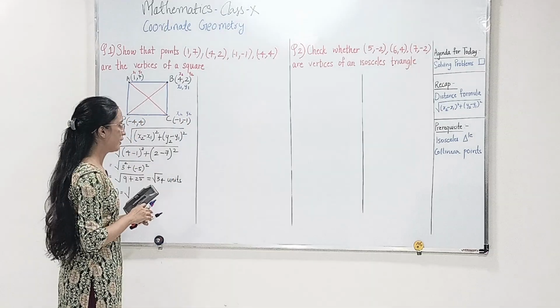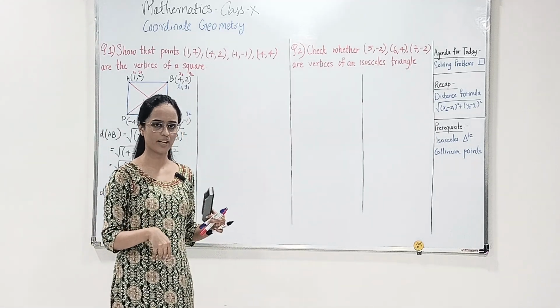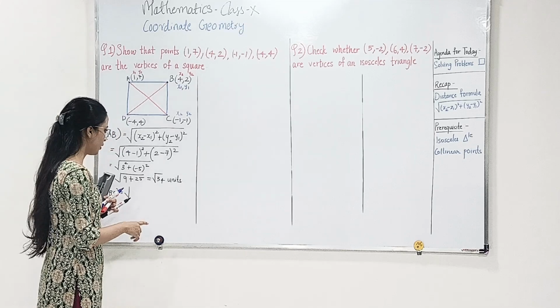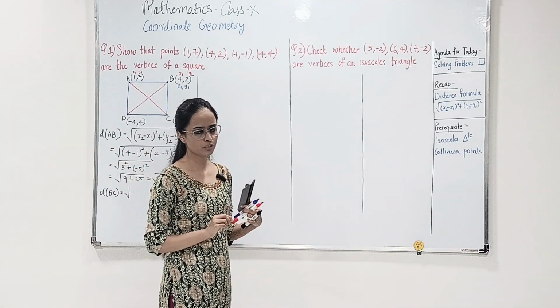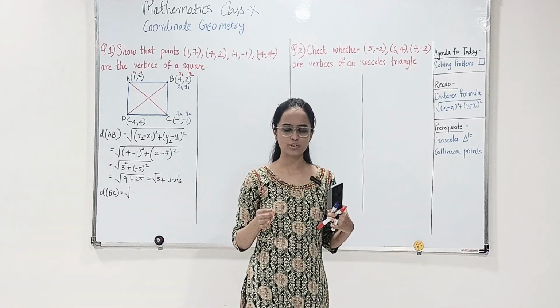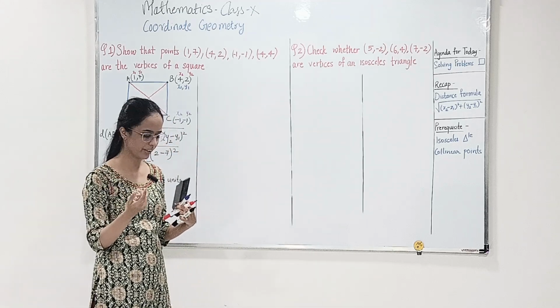Right? So at a time when you consider 2 points, one has to be x1, y1, the second one has to be x2, y2. And similarly, I'm going to substitute in this formula. Now in exam, you have to write this formula for every step. Here I would be directly substituting the values instead of writing the entire formula again and again.